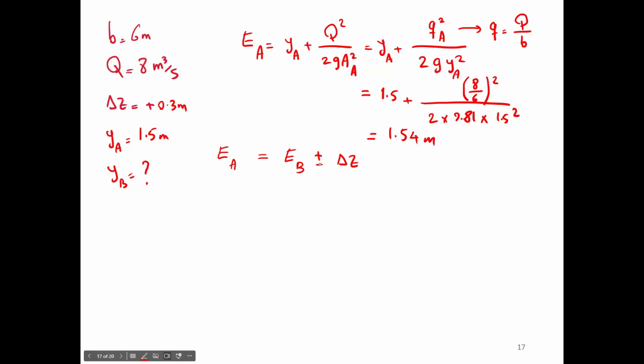Should I deduct the delta Z or add delta Z to the portion that I have? Something like delta Z here, cross section B, cross section A. Which one would you choose? Negative or positive?